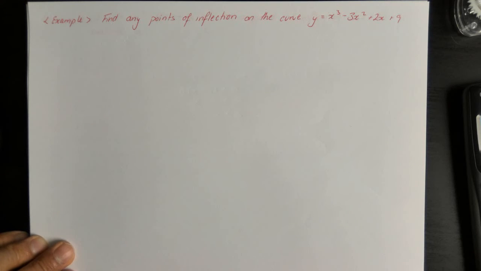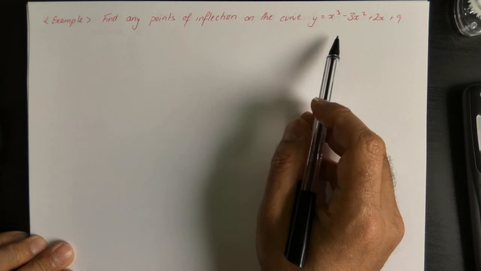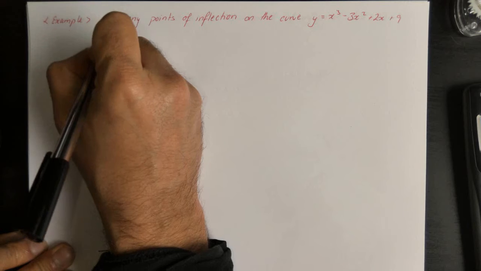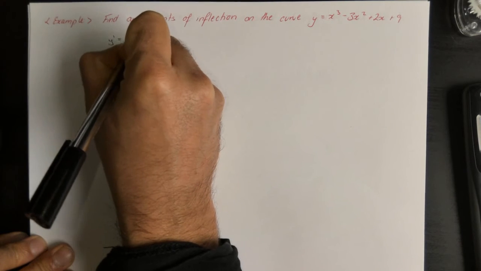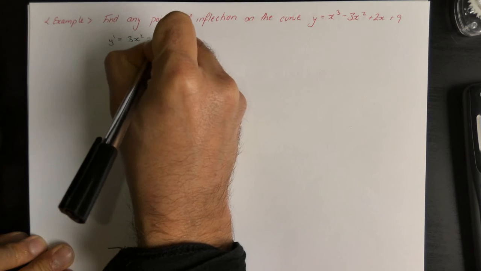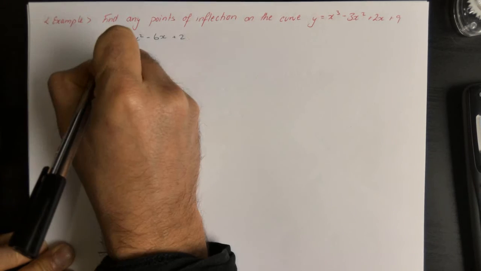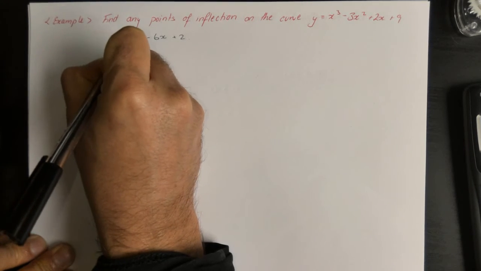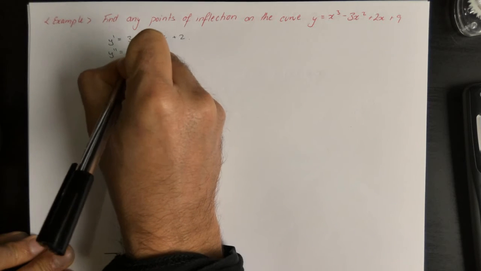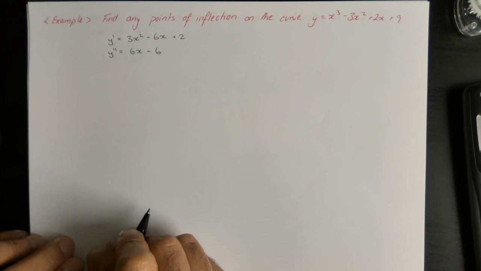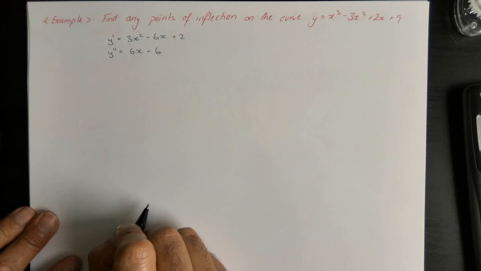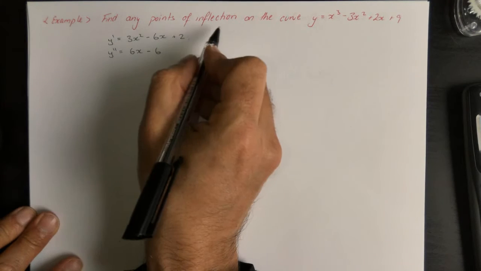Okay. We want to find any points of inflection of this curve. So we're going to differentiate to get the first derivative, and then differentiate that again. Now, we want to find any points of inflection.